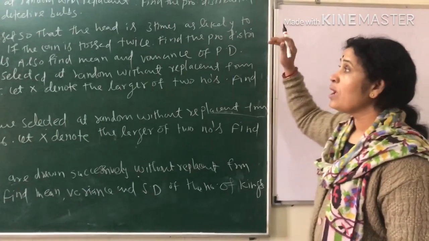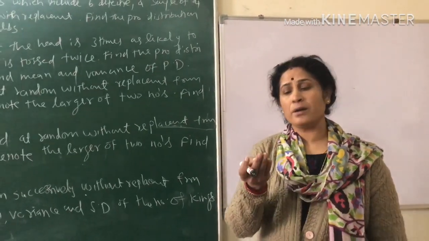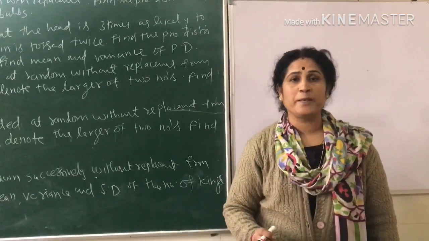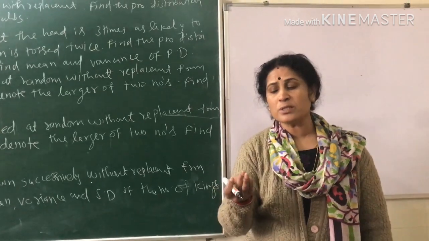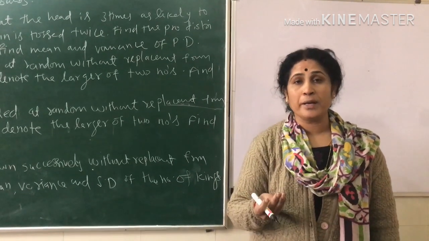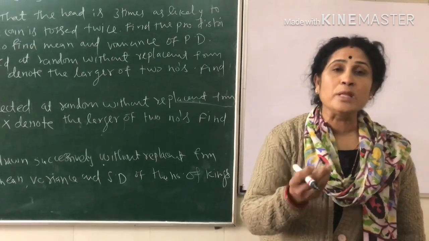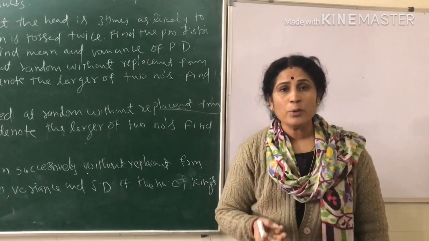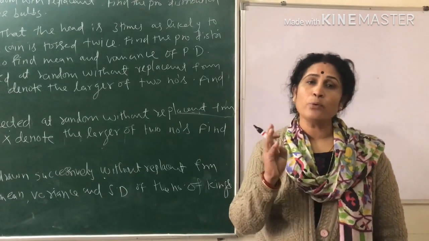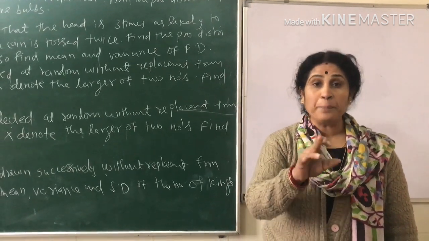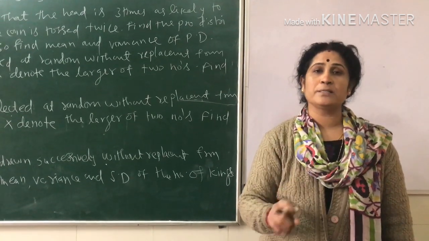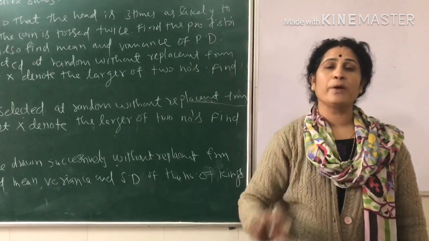If you are not able to prepare sample space, then you have to use this formula, probability of x equal to r is nCr into p power r into q power n minus r. That is with replacement case, then through that formula you can find probability.